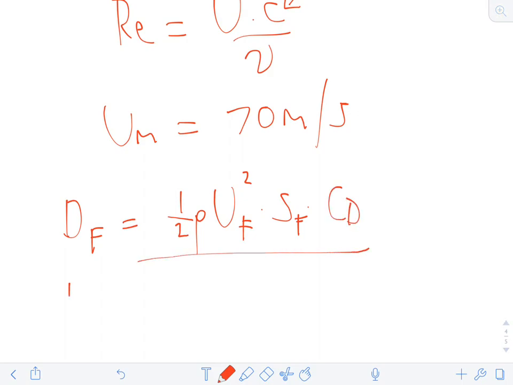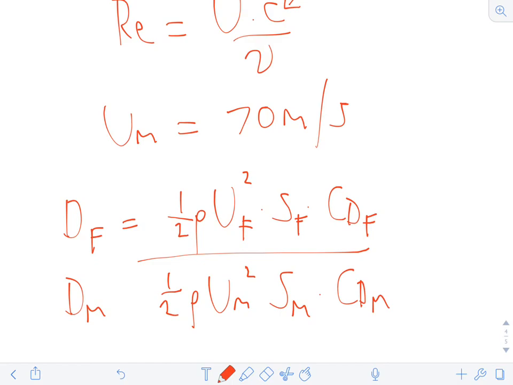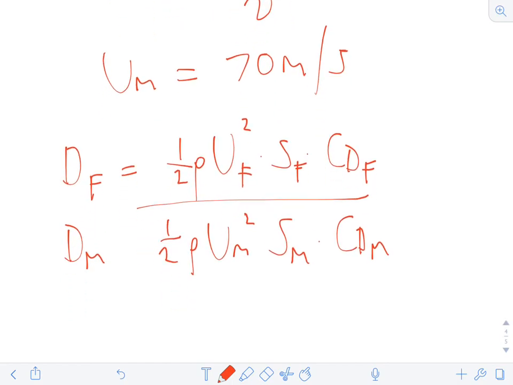And the model drag is 1/2 rho UM squared, the dynamic pressure of the model, times the planform area of the model, times the drag coefficient of the model. So these are just the individual forces. We're converting back from non-dimensional to dimensional.